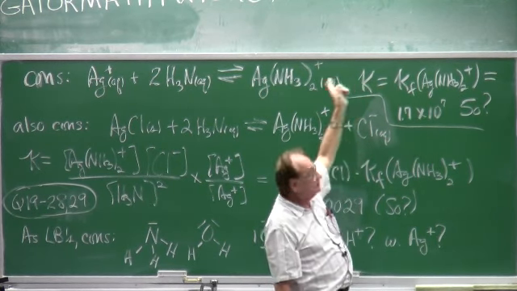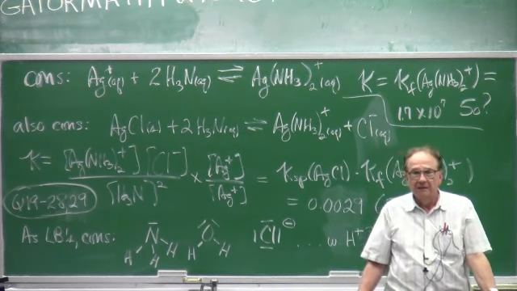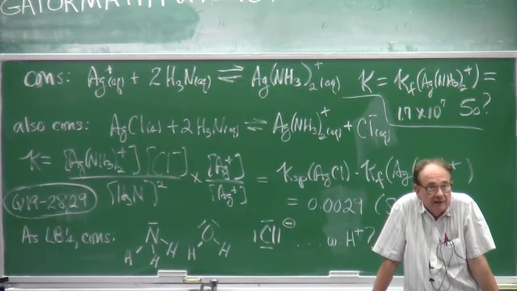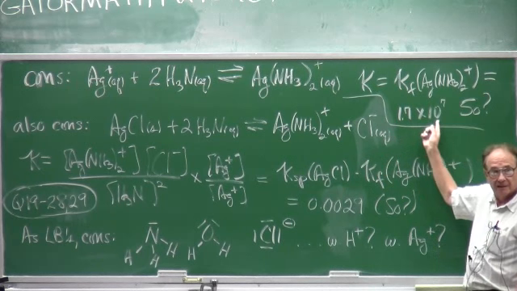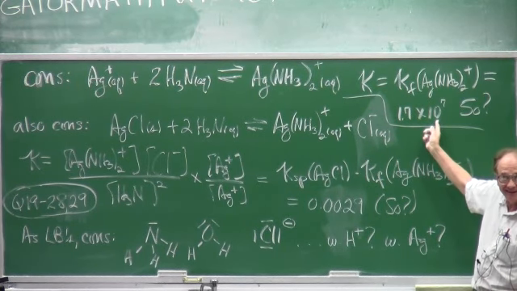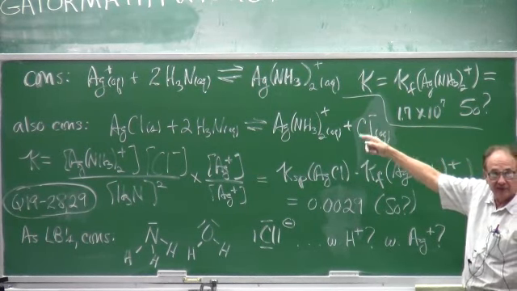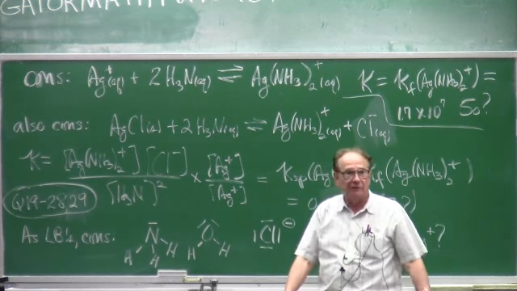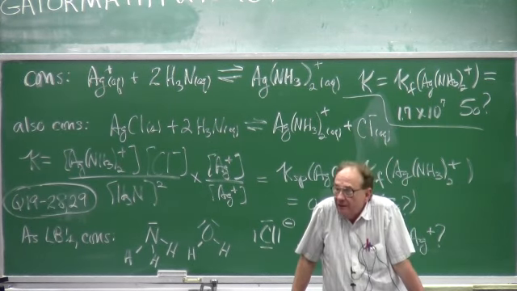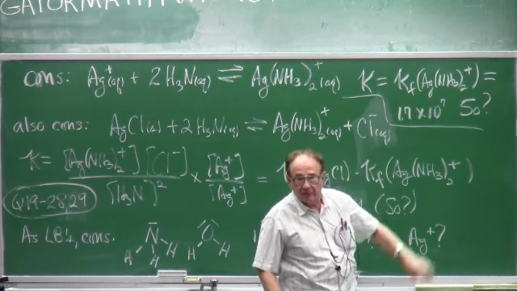What does this value tell you about the stability of this stuff? Is it fairly stable? Is this a big number? It's over 10 million. So this number is telling you that stuff is very stable. If you bring together silver ion or a source of silver ion with ammonia molecules, you have every reason to expect that this complex ion of silver will form.